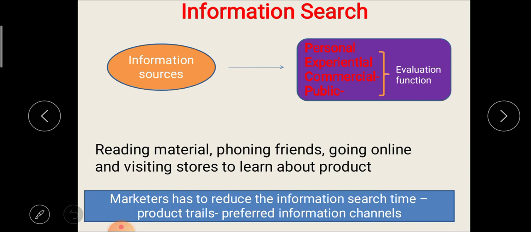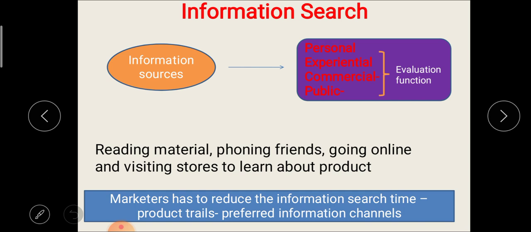That means whatever the information related to that particular product, that information is searched by that particular consumer. Okay, and this information may be collected through different sources. That means personal, experiential, commercial, or public information.